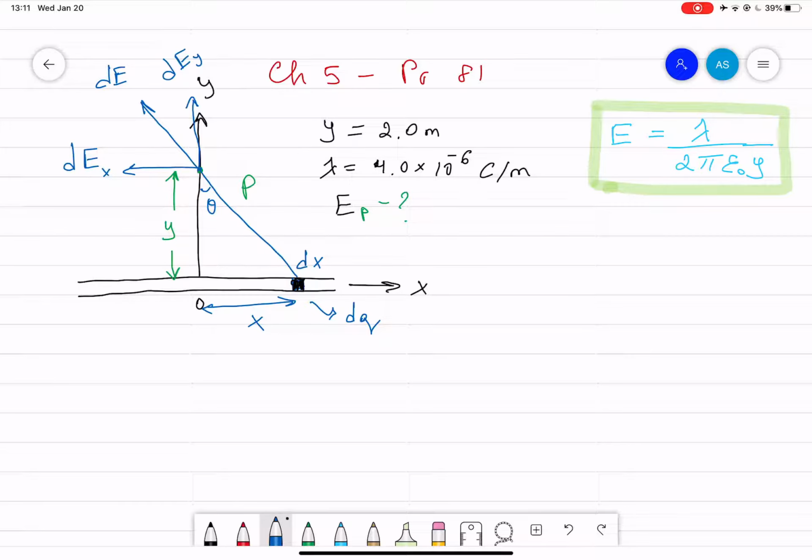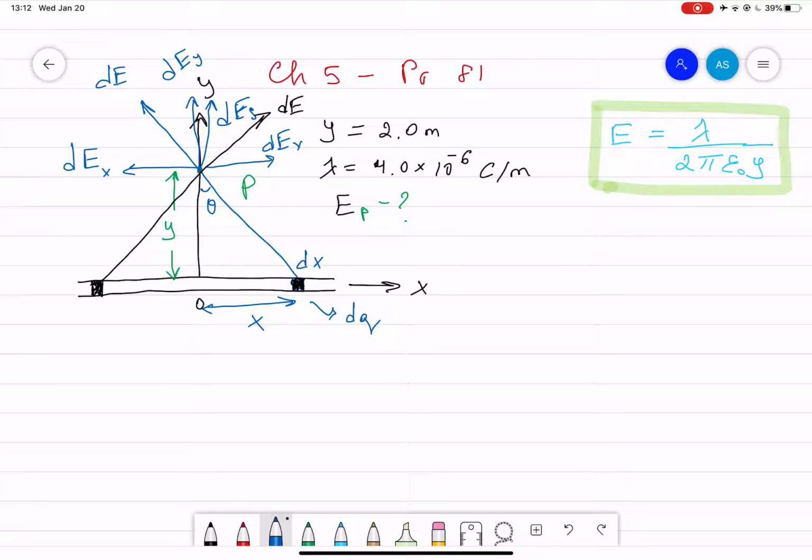You have probably already seen similar problems where if you take a small fragment at the same distance on the other side, it will create an electric field, let's call it dE. So dE will also make dEx and also dEy.